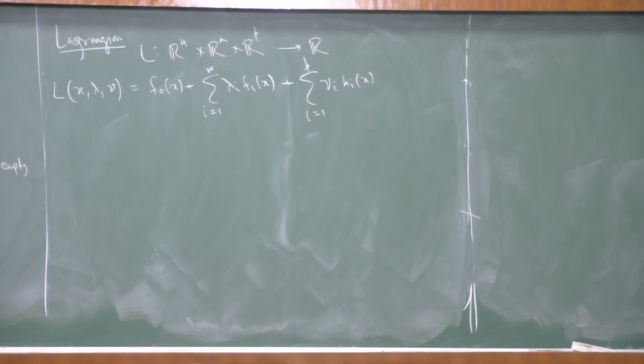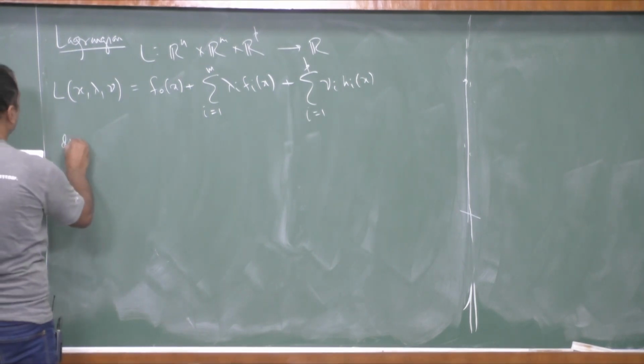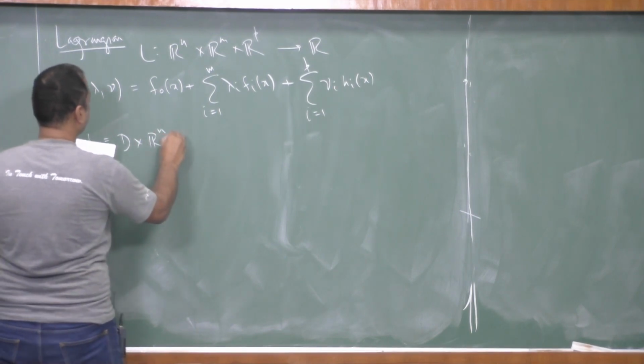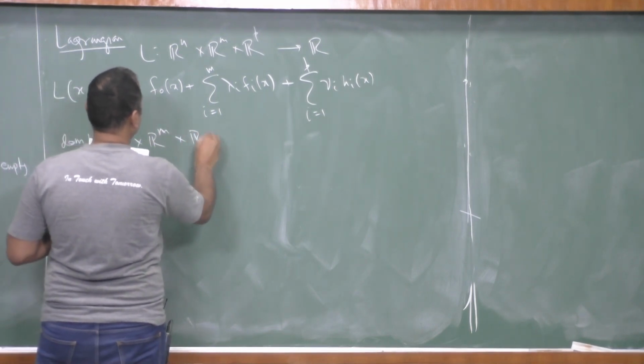Okay, so for a given optimization problem, we define a Lagrangian like this. Obviously the domain of the Lagrangian is D cross R m cross R p.